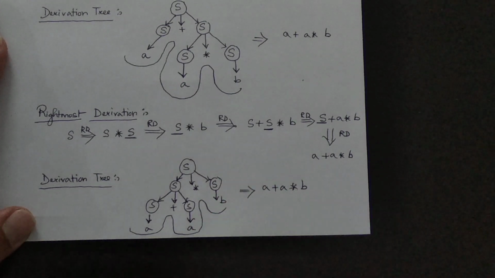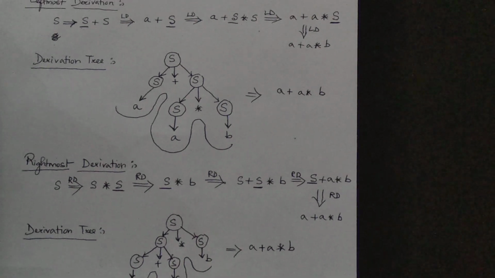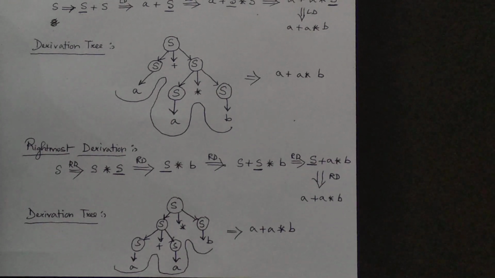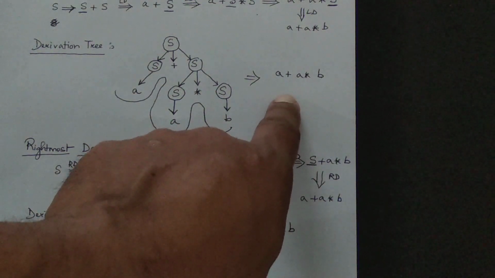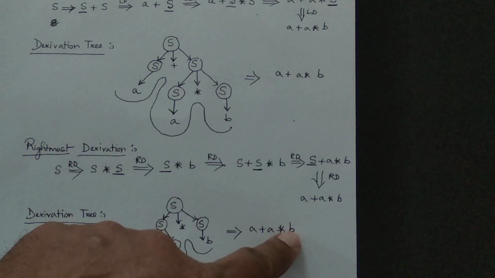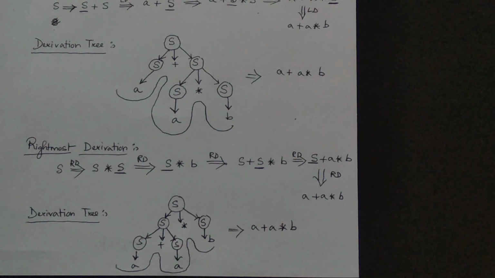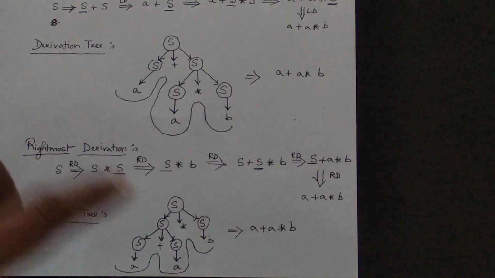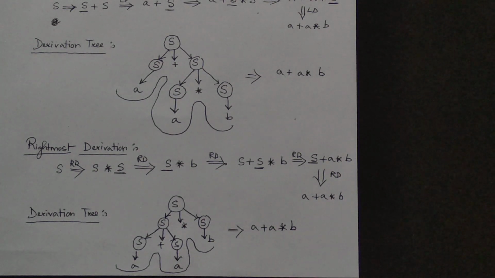into B. Now the question arises whether this grammar is ambiguous or not. If you check properly, I have derived this string A plus A into B twice with the help of two different structured syntax trees, correct? Both structures are different. That means if such a case arises, then that particular grammar is known as ambiguous grammar.